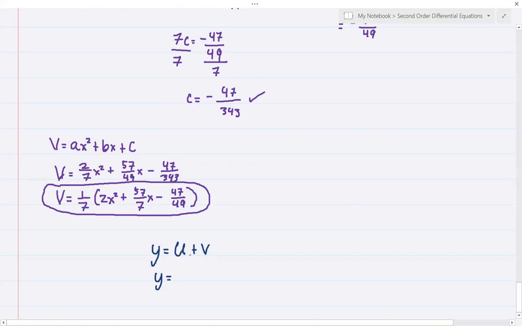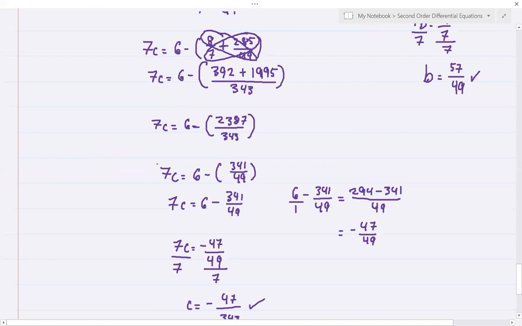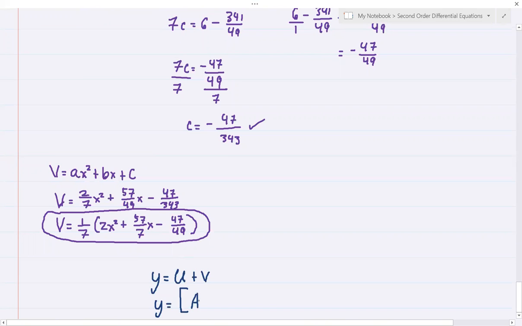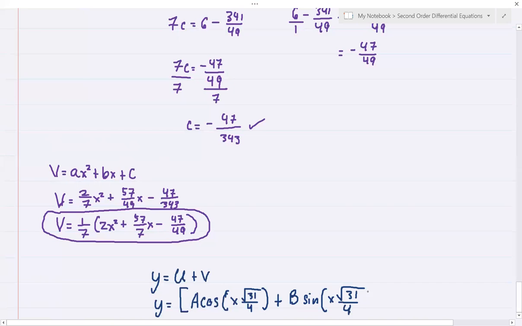Your u is the quantity a times cosine of x times square root of 31 all over 4, plus b times sine of x times square root of 31 all over 4, times e raised to negative 5, 4 all over x.